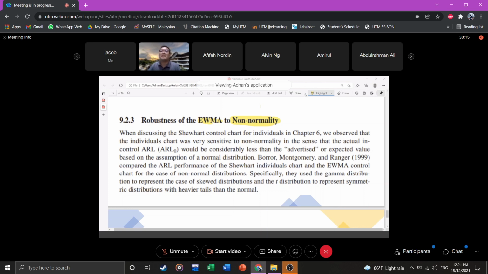Not Six Sigma. Okay, what is the method?